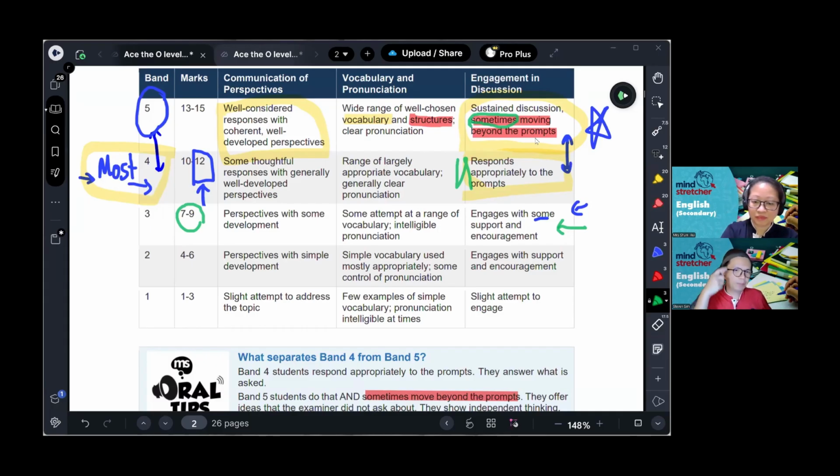So sometimes what happens is that you get so used to answering in a particular way that you get stuck. So you need to free yourself. Free yourself, free your mind, and discover other ways of exploring the topic after you have built up that firm foundation.